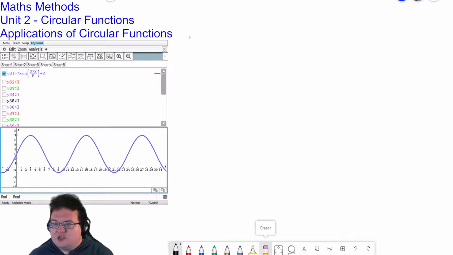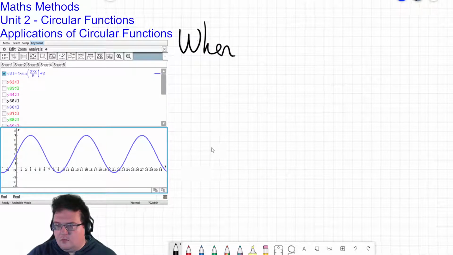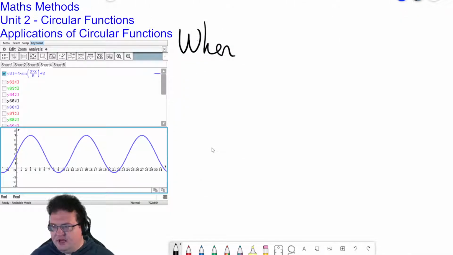All right. When is my water level negative? When is my water level 0?